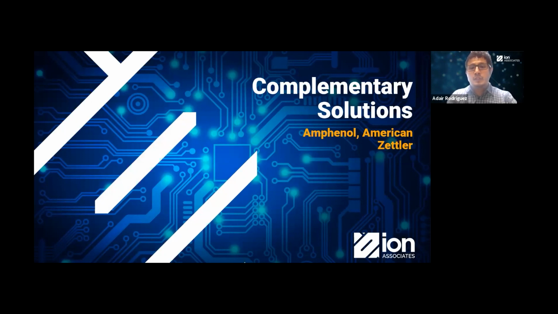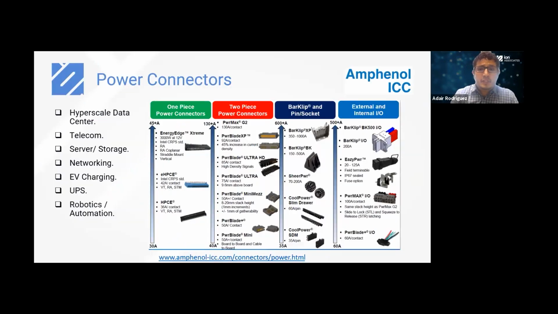For example, next please, with Amphenol, you know, most of the designs, most of the products require something that can help us to make some connection or interconnection between devices or between boards. For these purposes, with Amphenol ICC, we can help you with power connectors. Depending on the family, we have the capability or the support maybe up to 1 kiloamp or 600 amps.